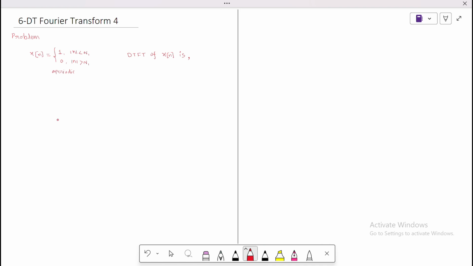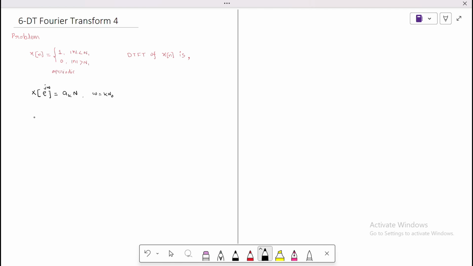So here, simply you know that in the derivation, X of e power j omega is taken as ak into capital N, and omega is equal to k into omega naught. That is the relation between the discrete time Fourier transform and discrete time Fourier series.